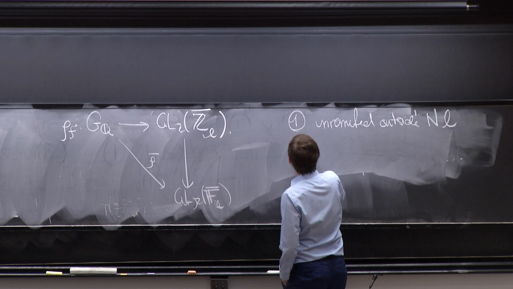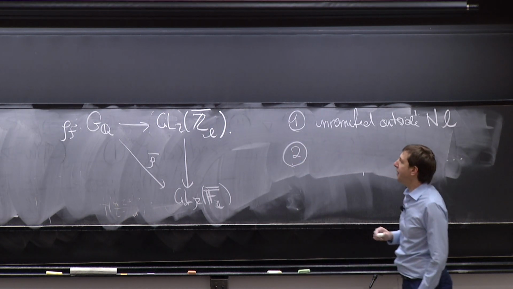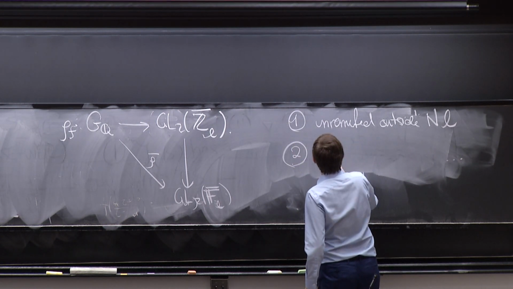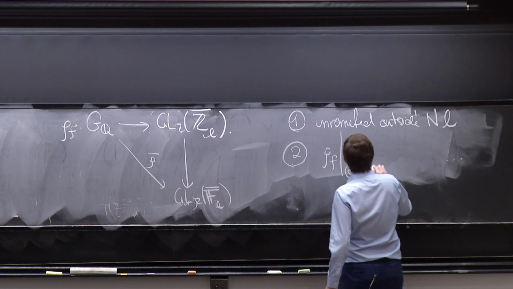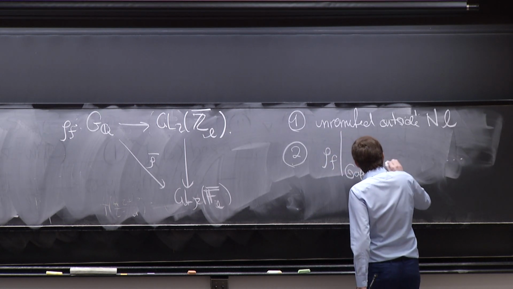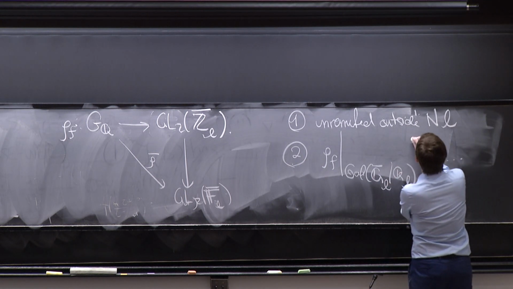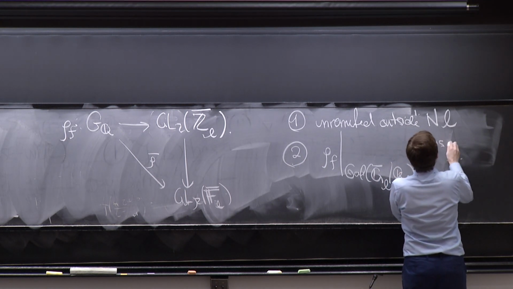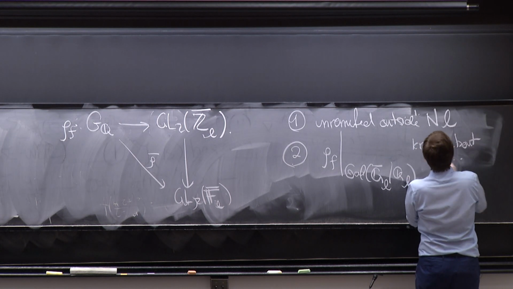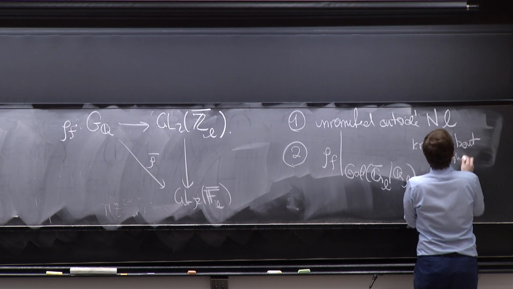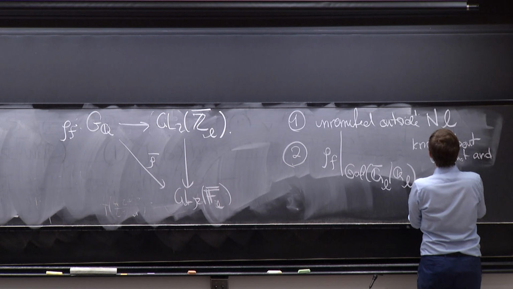That's a kind of easy condition. But a much more subtle condition is when we restrict this representation to the local Galois group at the prime of the residue characteristic we're interested in. This knows about the weight, and maybe I should say the weight and the level at p.